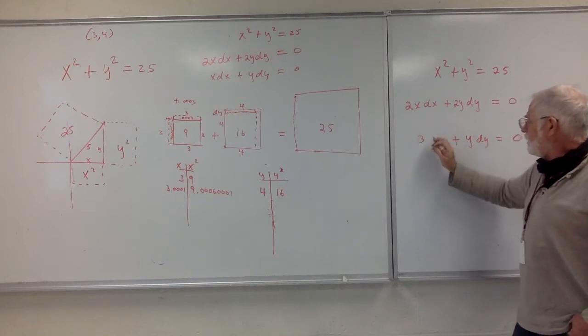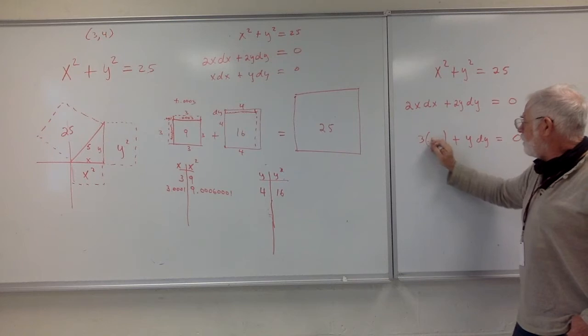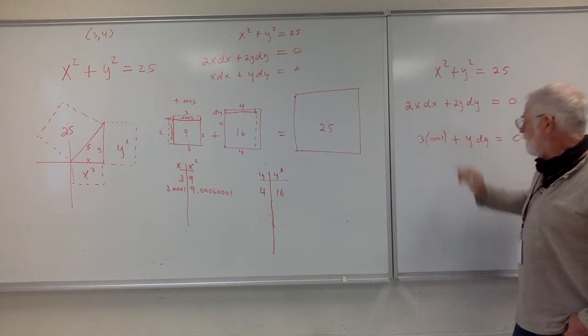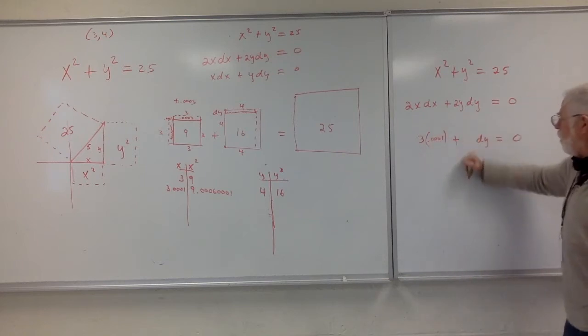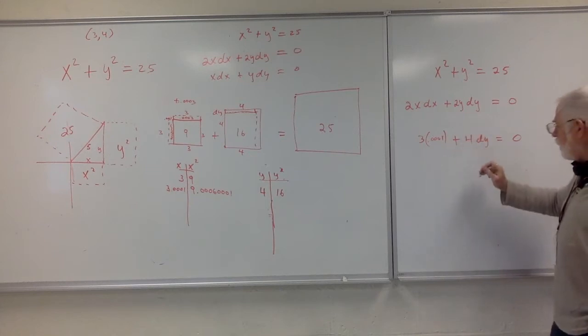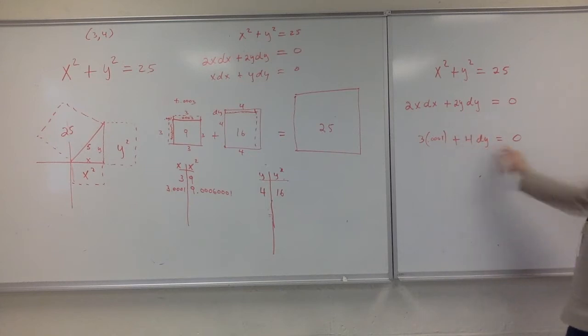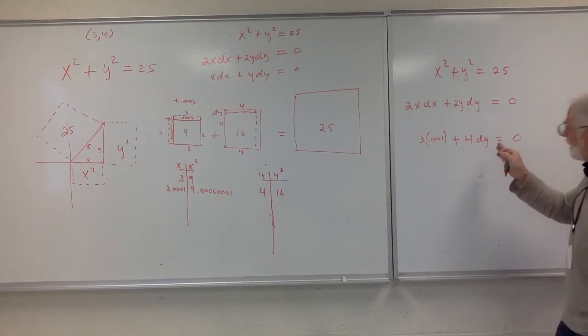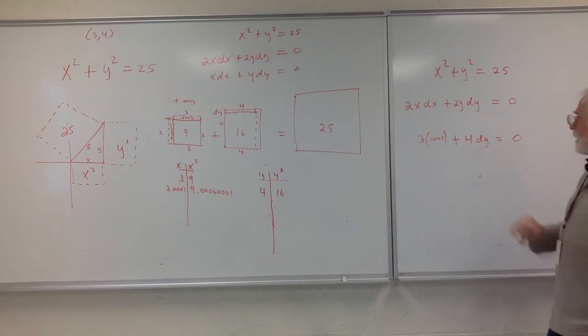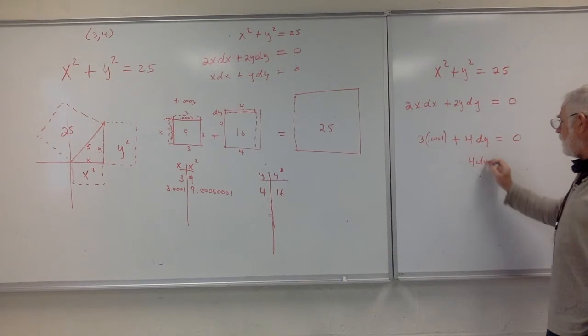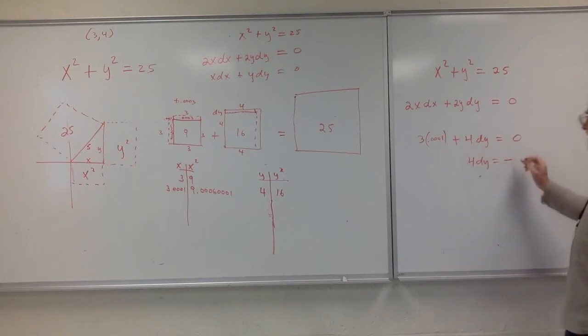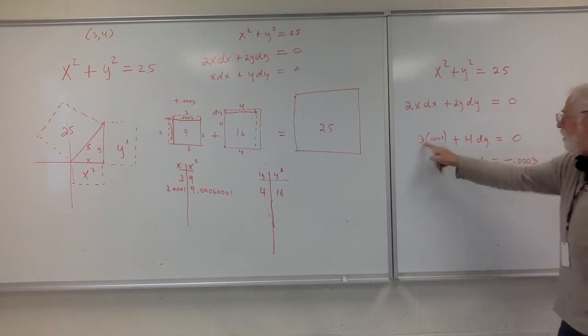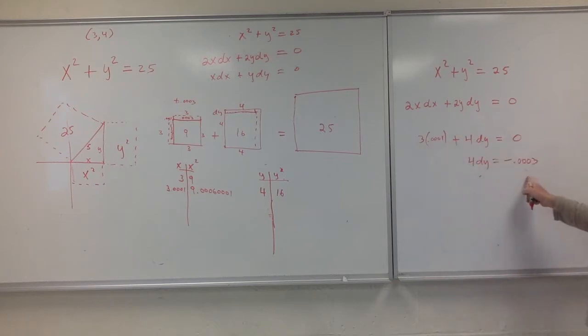We have a dx of 0.0001. We have a y of 4. This is the only unknown in this equation right now, which means I can find dy. So 4 dy is equal to minus 0.0003. I've done the multiplication and I moved it to the other side.